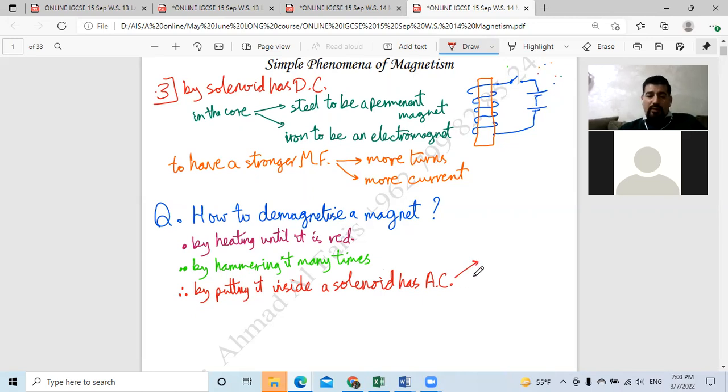And do one of two things: remove it slowly. We take it out slowly from this solenoid, slowly. Or reduce the current slowly. Reduce the AC slowly.